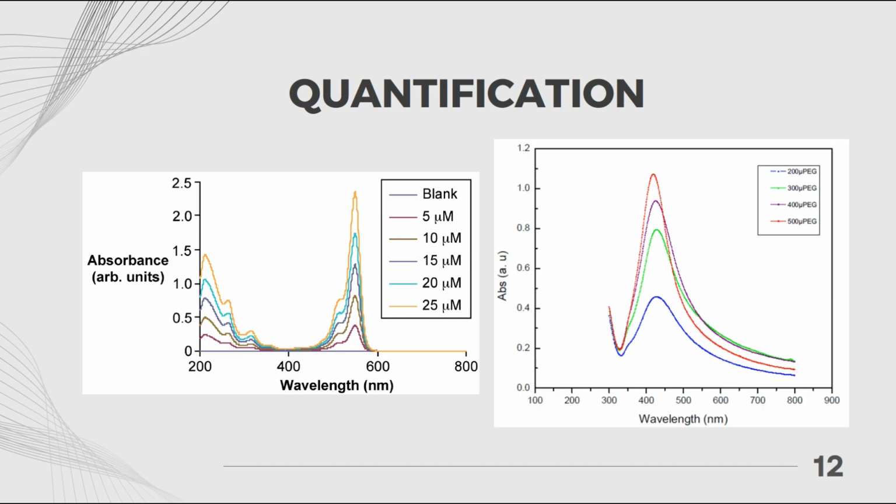As we go down, we see the same spectra. I mean, the shape of the spectra is the same, the absorbance maxima is the same, but the intensity differs. That's how we do quantification in UV-Vis spectrometry. And the same example here, once again, different concentrations, we go up.